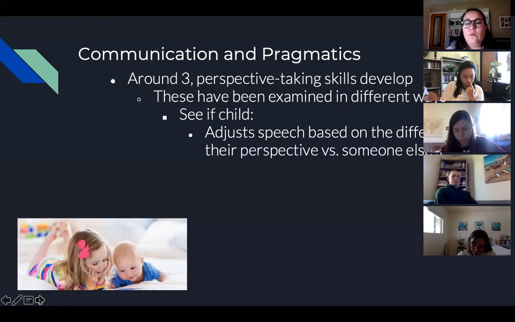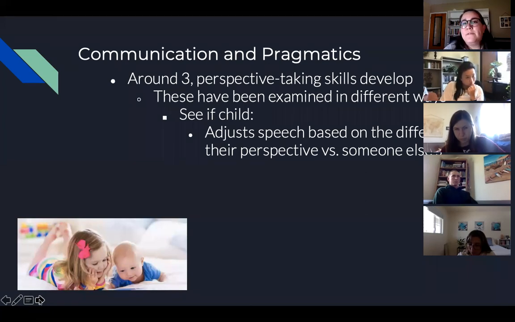One of these ways is to look at the actual differences between the child's perspective and the perspective of the person they're engaging with, and to see if the child modifies their speech on the basis of that difference.